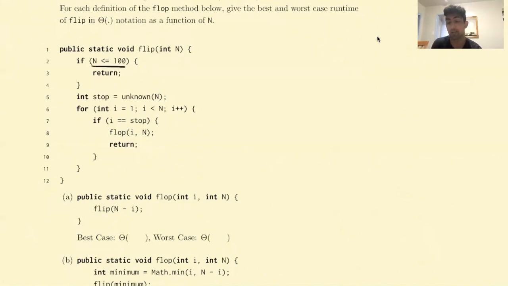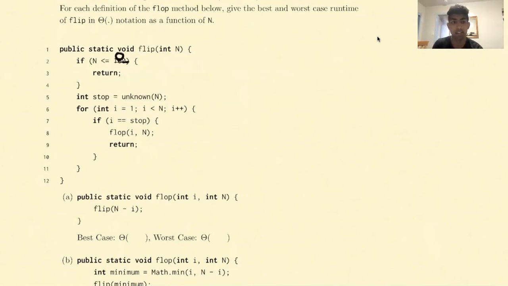If n is less than or equal to 100, I'm going to argue, just to make my life easier in the future, that this is exactly the same asymptotically as n is less than or equal to 0, or any constant for that matter. If you don't really think this is the case, I made a quick walkthrough video on misconceptions and confusions that should be linked second in this playlist. I recommend watching that. But let's change this to 0.